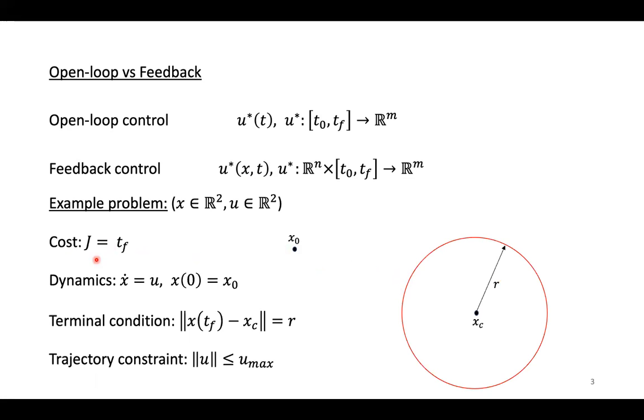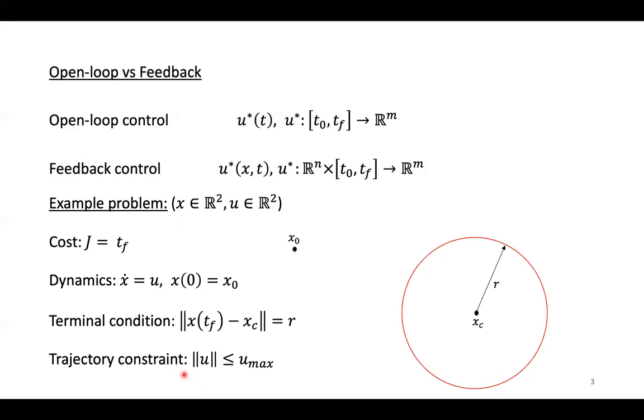And the problem is to reach the surface of the circle in minimum time. So the cost is essentially the terminal time, which means you want to reduce this time by reaching the circle surface faster. And I'm assuming the dynamics to be a simple single integrator, which means I want to reach the circle by essentially controlling the direction of my velocity vector and the speed, which is the magnitude of the velocity.